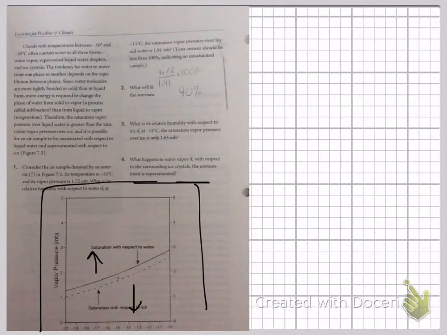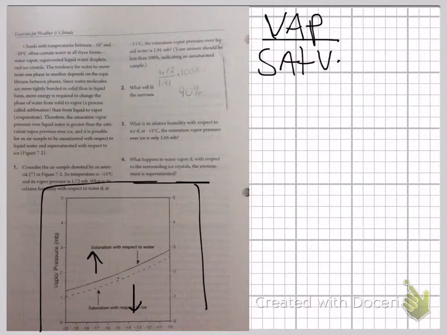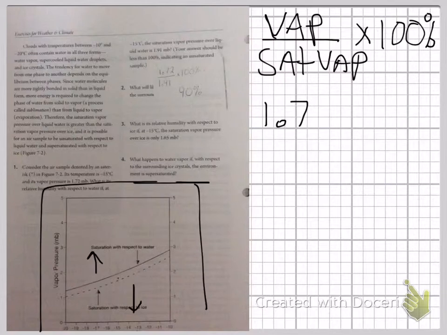And it's a really simple setup, simple equation layout, where we're going to take the vapor pressure itself, and it will go over the saturation vapor pressure. And then we will times that by 100. So taking the numbers off the chart, they said that the vapor pressure is 1.72, and they're literally reading that off the chart.